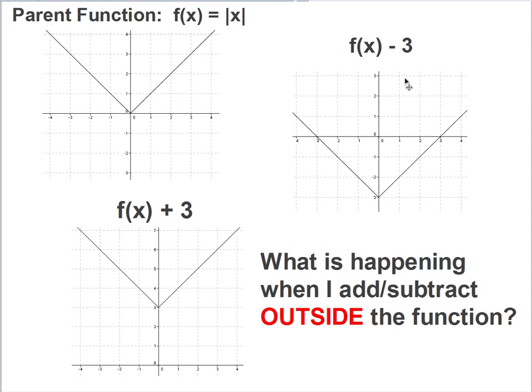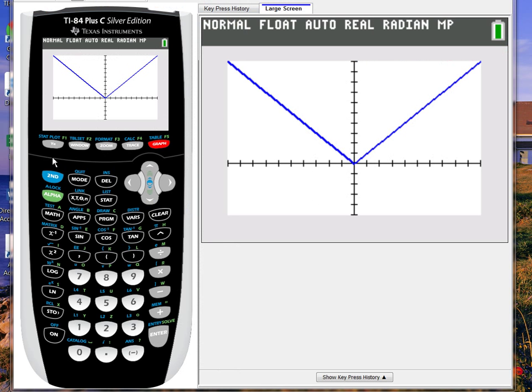Alright, so now we're going to look at what happens when I take my function and subtract 3 from it. So just so you know what it looks like in equation notation, that means I'm taking that absolute value of x and subtracting 3. I call this subtracting outside the function because it's outside of my absolute value brackets. So let's go back to our calculator.